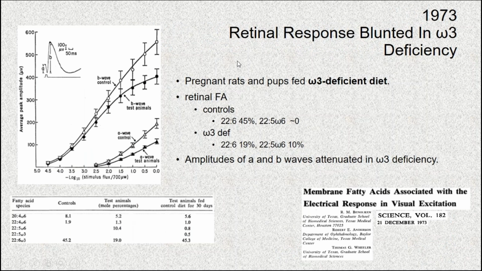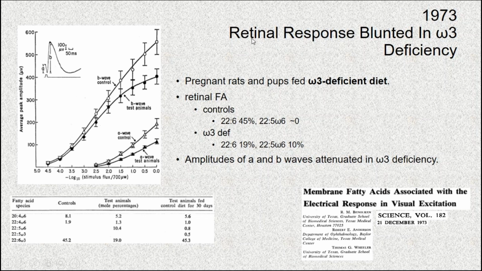So composition is one thing, but what about function? You say, well, I've told you a couple of slides ago that tissue levels are maintained across broad ranges, but they're maintained to support function. Well, here we have one of the early studies, 1973, a functional study in the retina.